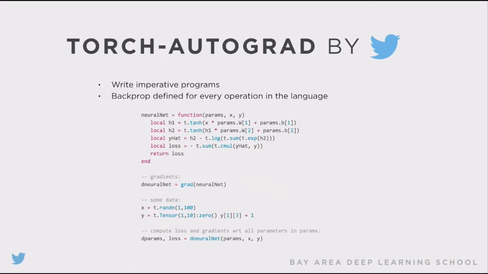At Twitter, we have a package called Torch Autograd, which makes gluing different model pieces together really easy. In fact, the pieces can be as small as addition, division, multiplication, and subtraction. So you can glue together any size piece of computation and still get a correct model out. And I'll talk more about that in a moment.